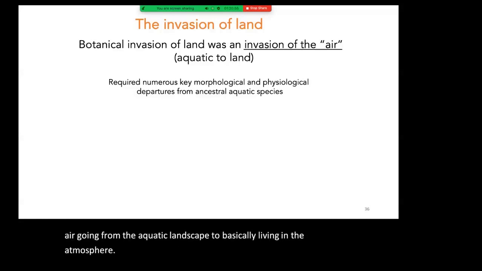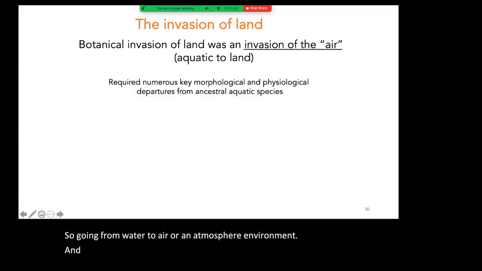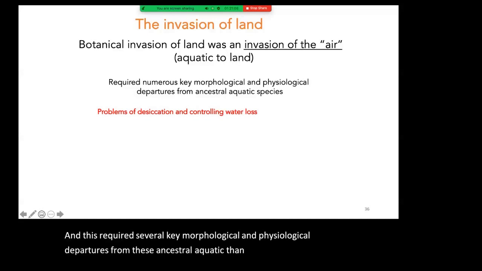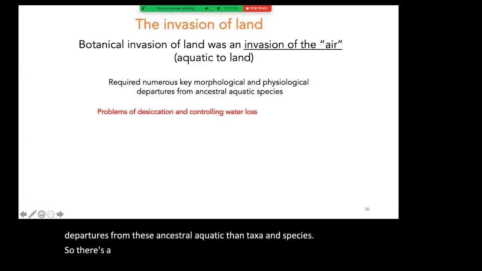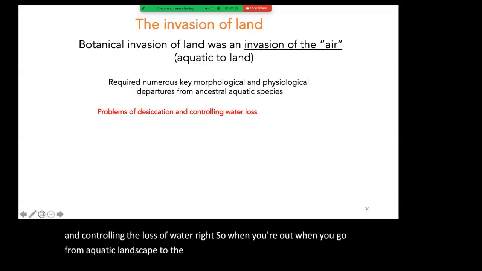So going from water to an air or atmosphere environment. And this required several key morphological and physiological departures from these ancestral aquatic taxa and species. There are a lot of problems, such as desiccation and controlling the loss of water, right? When you go from an aquatic landscape to the land, you're going to be losing water, right? It's hot on land.